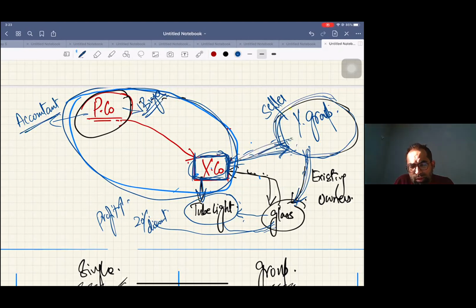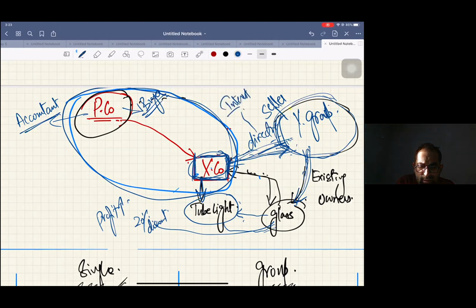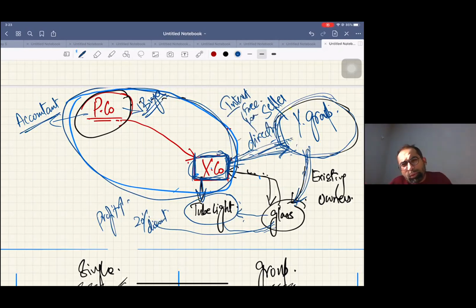So these directors have given an interest free loan to X company because they are owners. An owner may support his own business. That's very natural.